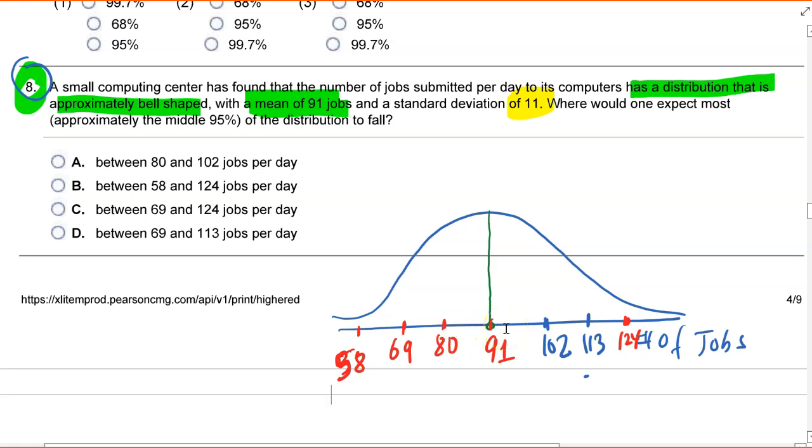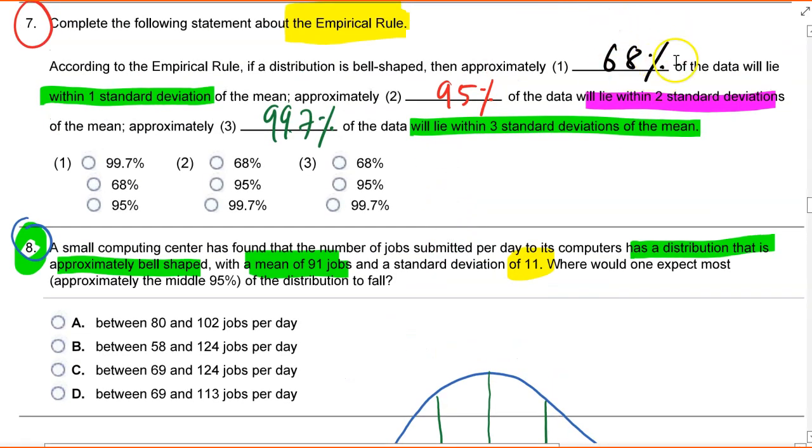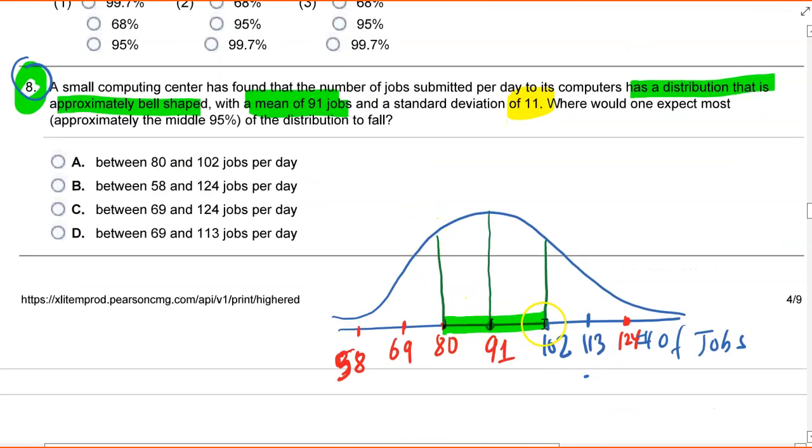Now this is within 1 standard deviation from the mean. This area, or this percentage here, corresponds to 68%, because you know that 68% of the data lies within 1 standard deviation. Between 80 and 102, 68% of the data lies here. In other words, this is going to be 34% and this is going to be 34%.